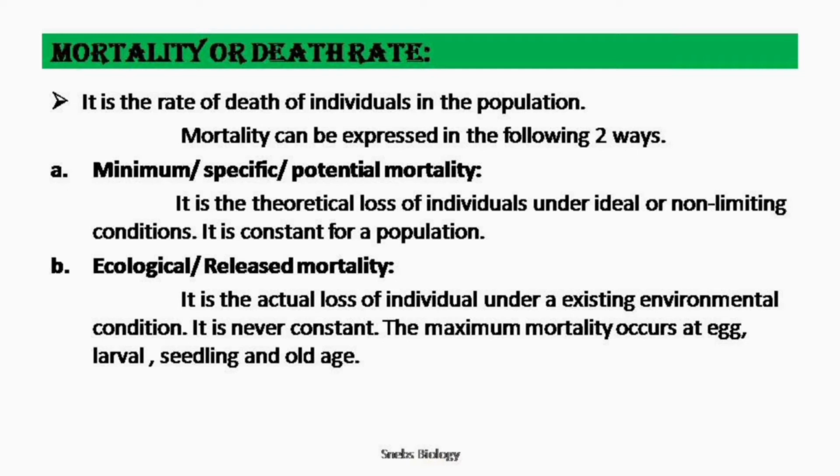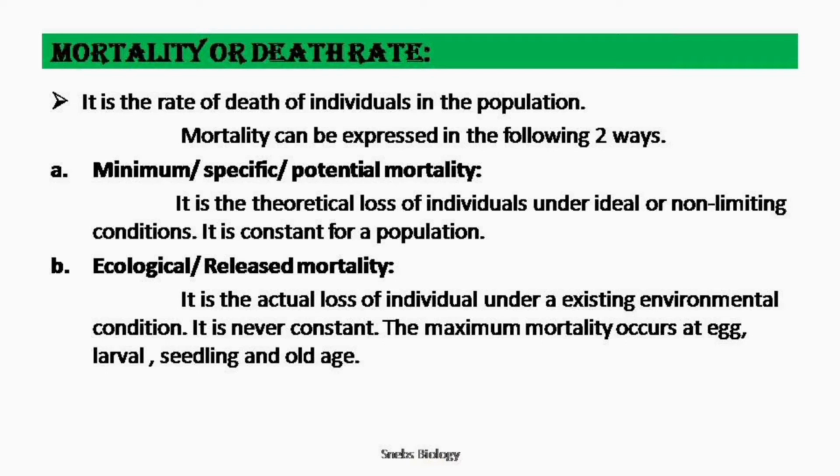Specific mortality is the minimum death rate that occurs under ideal conditions due to the natural process of senescence or aging, whereas realized mortality is the actual rate of death occurring in a unit population due to different environmental changes, competition, disease, predation, etc. It is seen that the maximum mortality occurs in egg, larva, seedling and in old age.